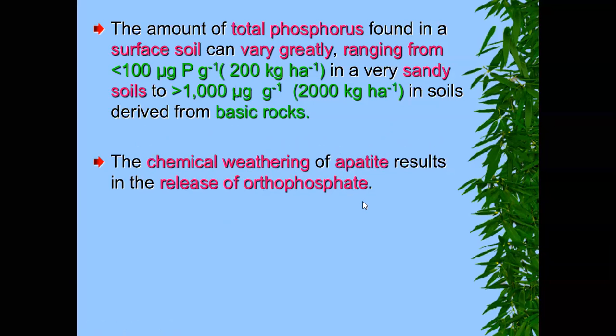And when we said that the primary mineral form of phosphorus is apatite or rock phosphate, when the chemical weathering of that apatite takes place, orthophosphates are released.